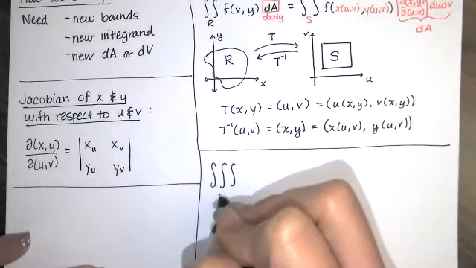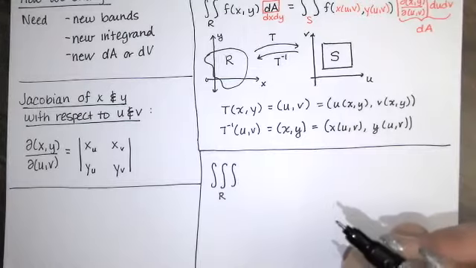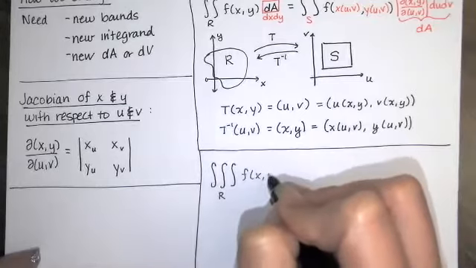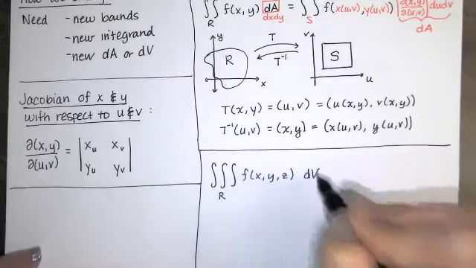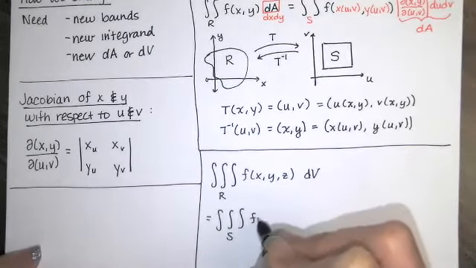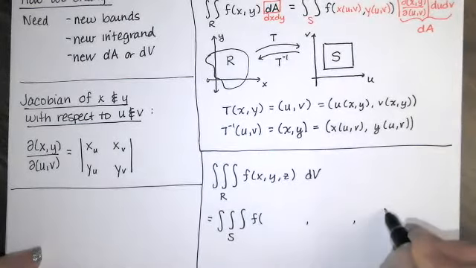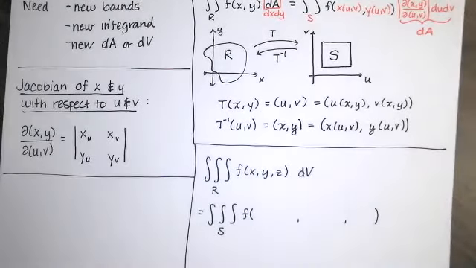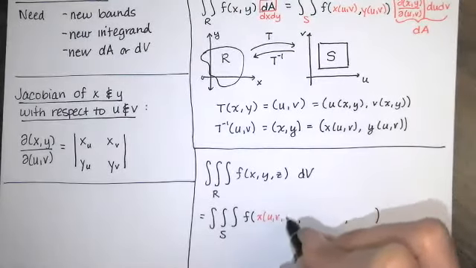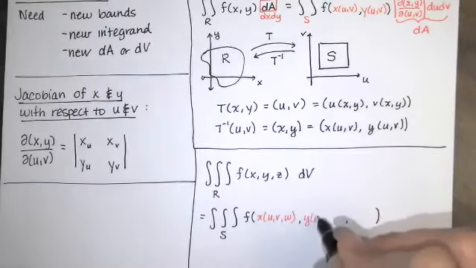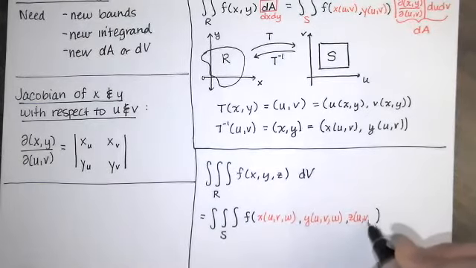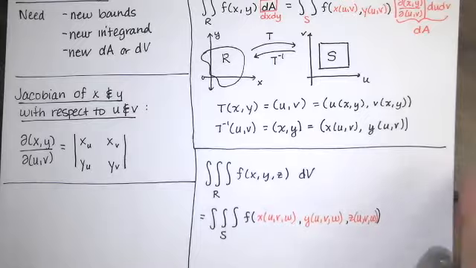I'm still going to use R and S. We're going to go from some solid region R in 3-dimensional space to a solid region S in 3-dimensional space. And you're going to replace X with whatever it is in terms of your new variables, U, V, and W. Replace Y with functions of U, V, and W. Replace Z with the appropriate function of U, V, and W.